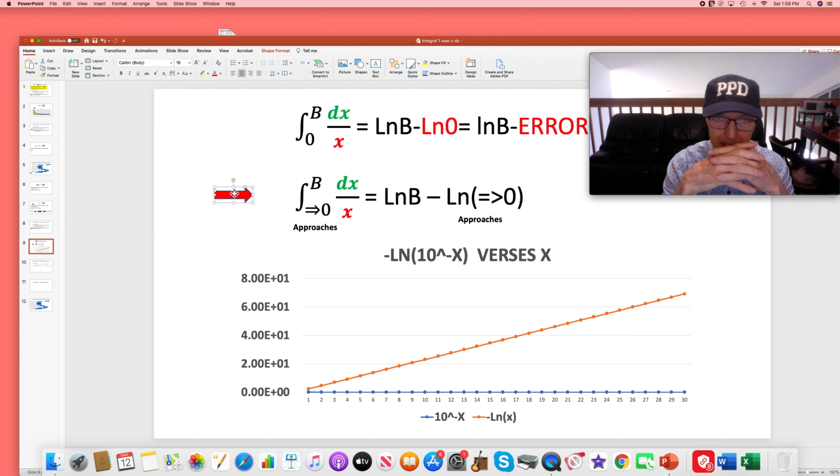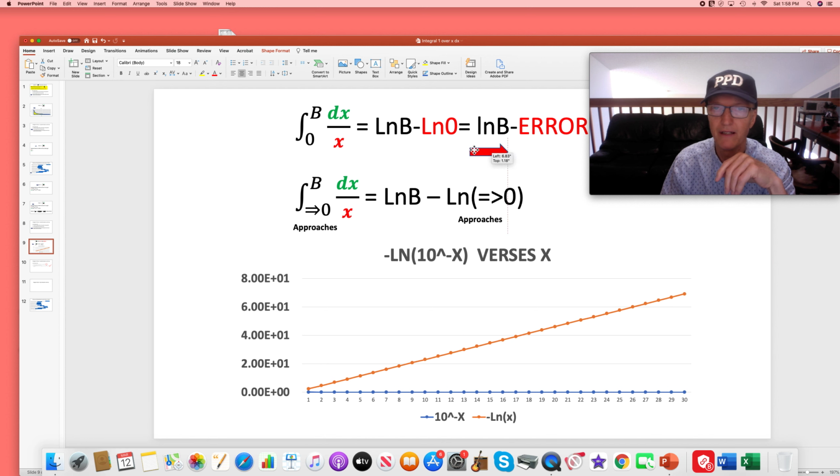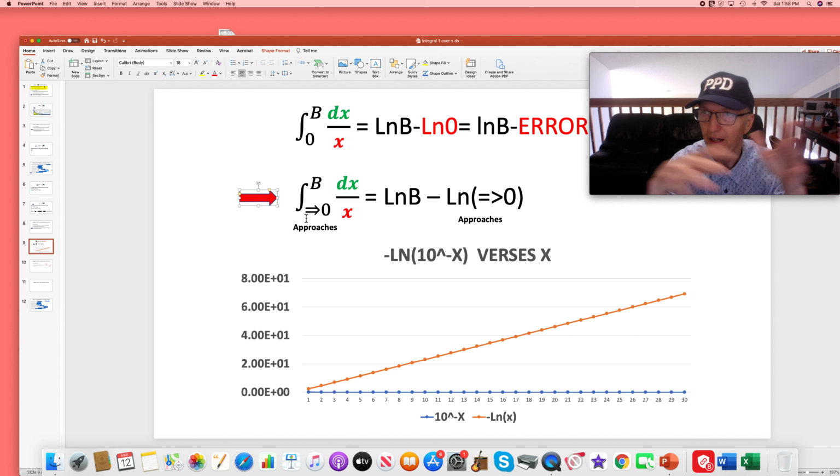It turns out that ln of 0 is not defined. So that function causes an error. When you integrate from 0 to b, it's ln b minus ln of 0. Well, ln of 0 is not defined, so it produces an error if you do it on your calculator, and it's just not achievable. So that's good to know, so you don't try to do that.